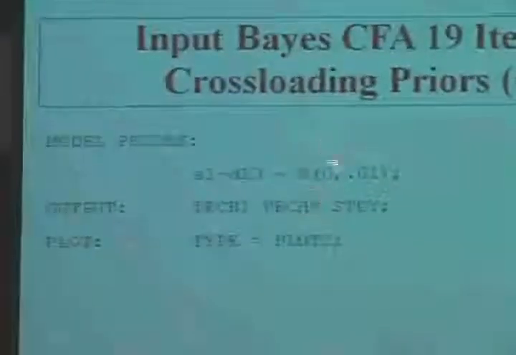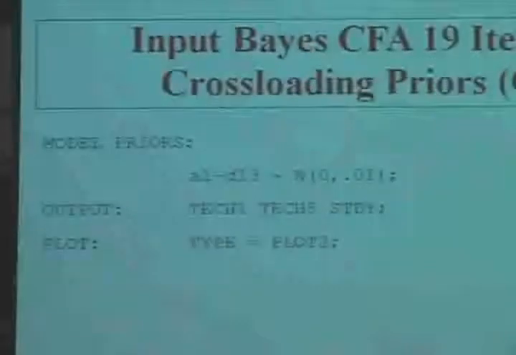We give those labels, all of those cross loadings, and then a simple statement, one line, model priors: all of those cross loadings, that whole list, there's the list function coming in, have a normal prior with mean 0 and variance 0.01. Again, that small variance prior that I showed you before the coffee break.